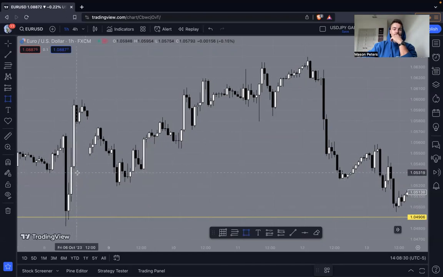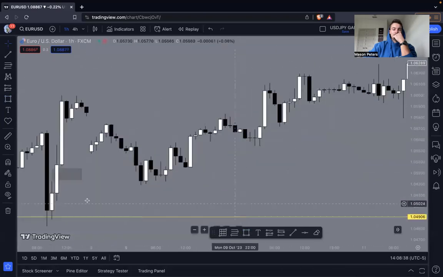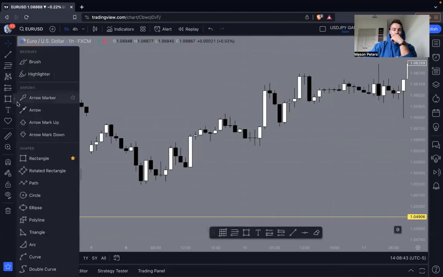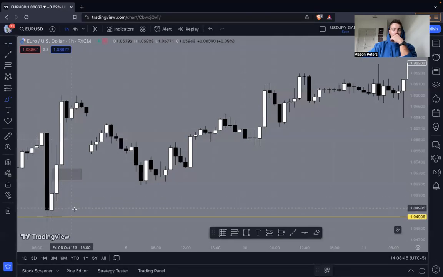See this noticeable gap where no wick trades through this body? This wick reaches here. This wick reaches there, right? This wick right here reaches to there. This wick only reaches to there. So we have this body that hasn't been traded through in price.